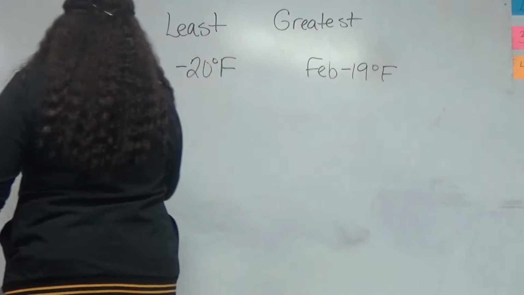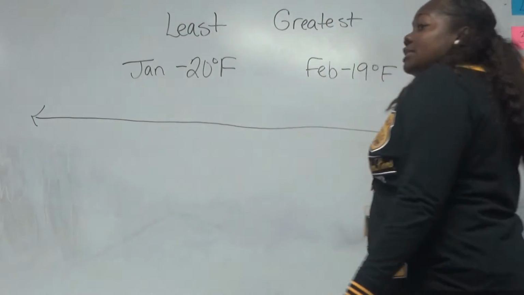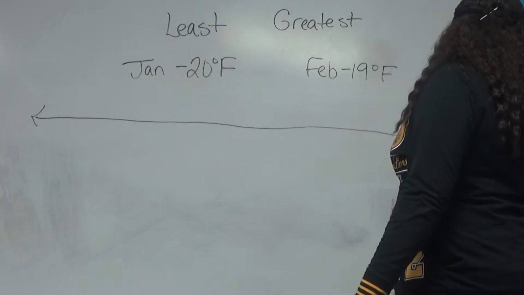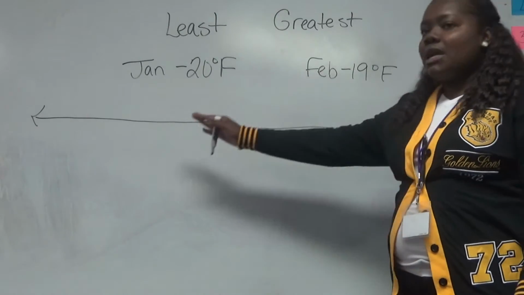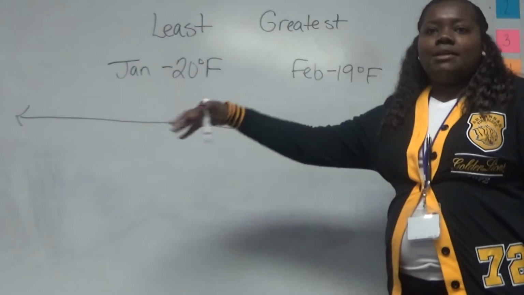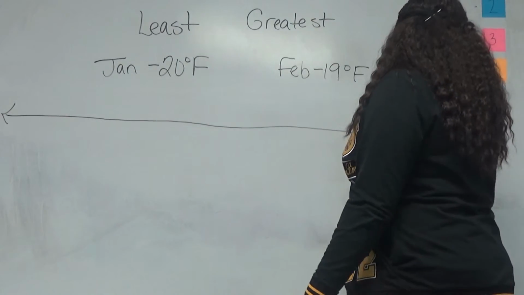So I'm going to make a number line here, and you should do the same thing on your paper. I'm going to have 0 down here. Since I'm only dealing with negative numbers, I'm only going to deal with the negative side of the number line, going to the left of 0.